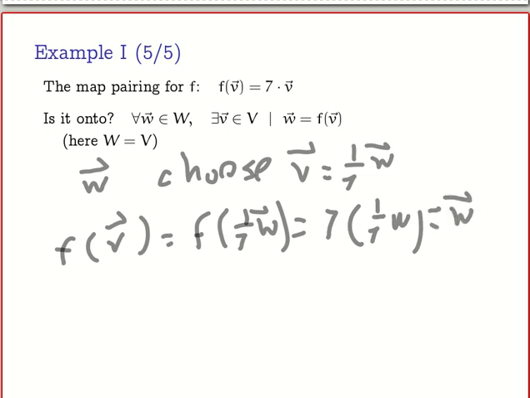So that means that all we have to do, to find the preimage, or the vector that maps to w, is select 1/7 of w. And that shows that this map, for any vector space, is linear and one-to-one and onto.